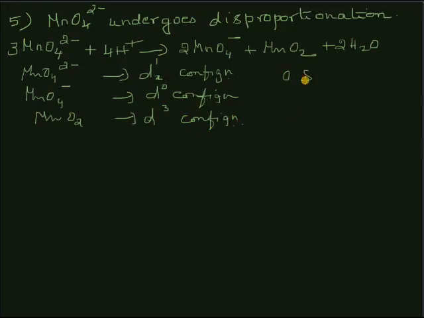Here oxidation state is +6, here oxidation state is +7, and here oxidation state is +4. So the unstable d1 configuration can pass on to the stable d0 and d3 configuration. This explains why MnO4 2- undergoes disproportionation.